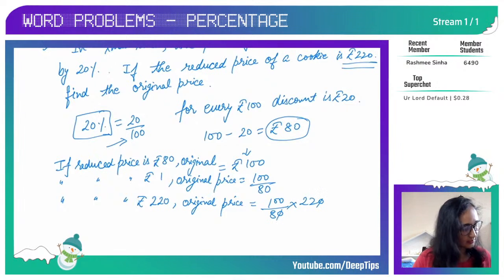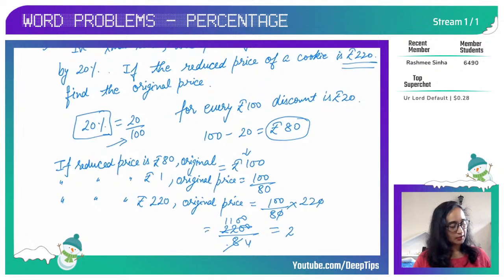So zeros get cancelled. So this is 2200 upon 8. And if we calculate this, we get 2 4s are 8 and 2 1 1 0 0. Now you can calculate it further. 4 2s are 8. Then 4 7s are 28 and 4 5s are 20.